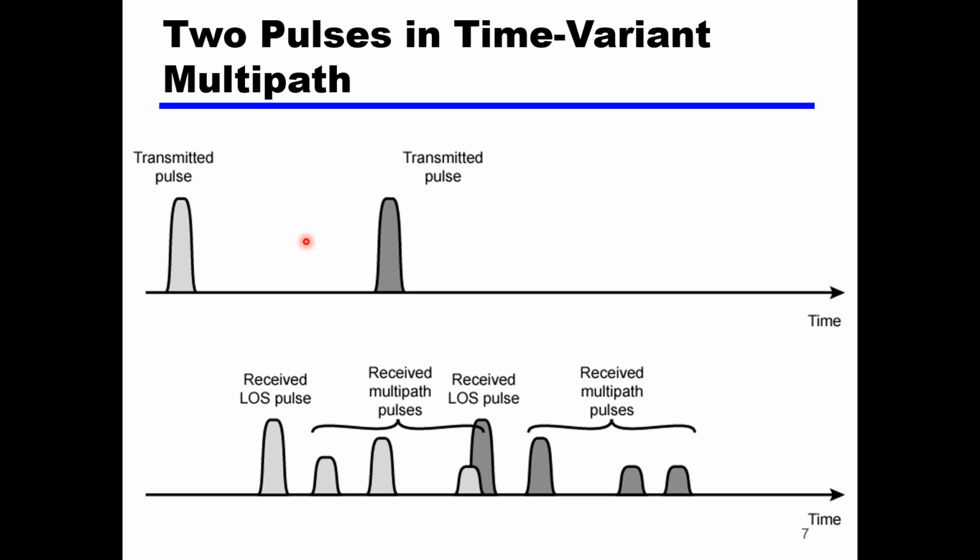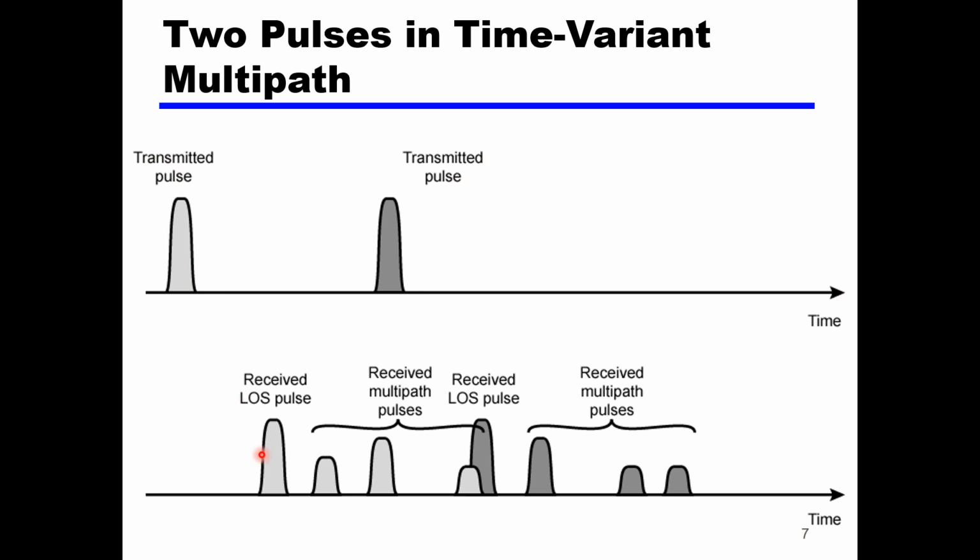You can observe from the figure and get clear about the ISI, inter-symbol interference. Suppose two pulses in a time-variant multipath system. This is time. So two pulses are transmitted. This is one transmitted pulse, and after a certain instant, another transmitted pulse.